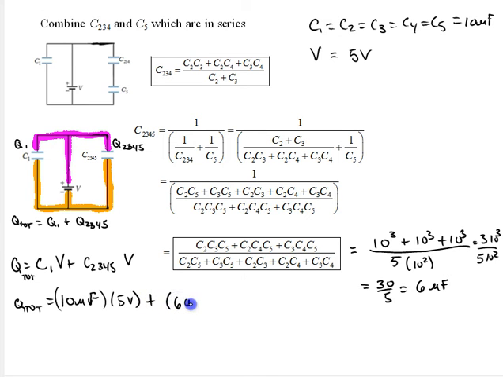So we'll plug that in, 6 microfarads times 5 volts, and we end up with 16 microfarads times our 5 volts, or 16 times 5 is 80 microcoulombs.